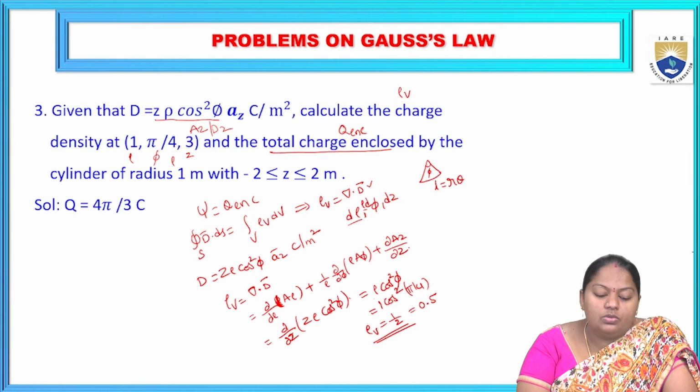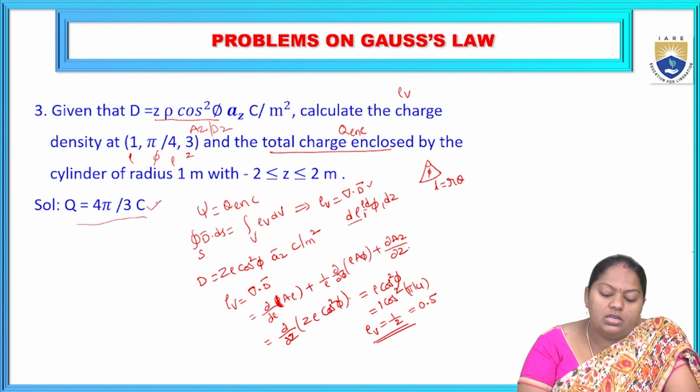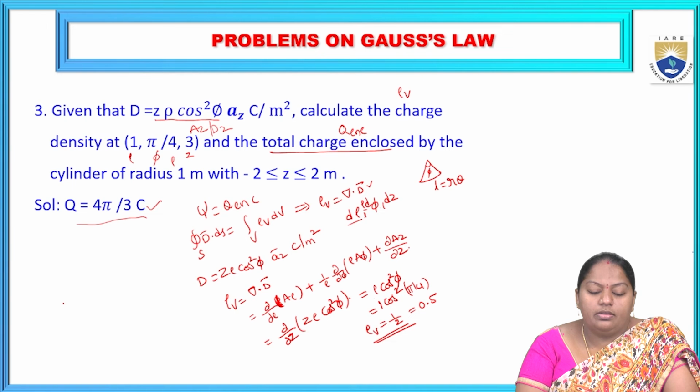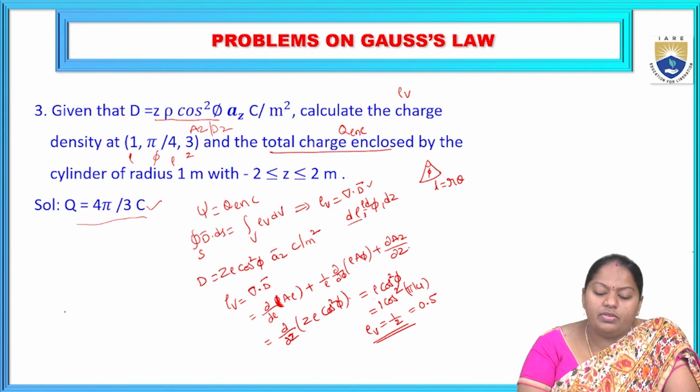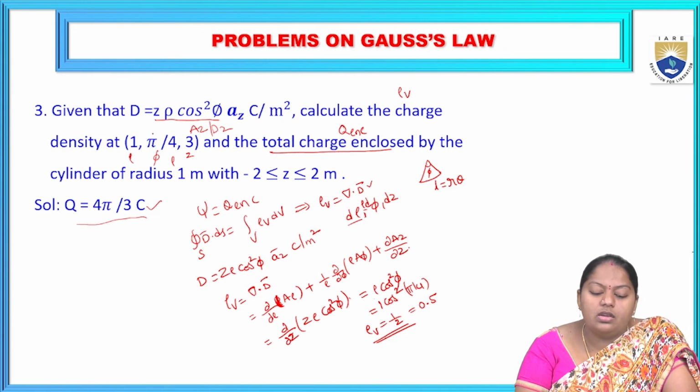See here, so Q equal to 4 pi by 3, and Q can be measured in coulombs. So first, what is the given data? From the given, D equal to z rho cos square phi az coulomb per meter square.